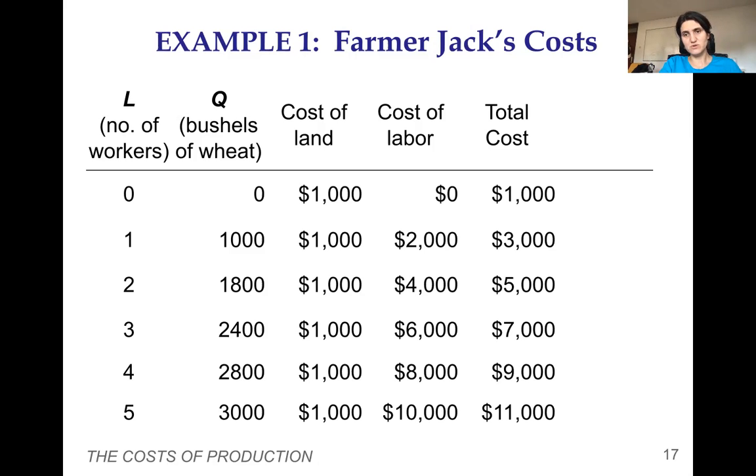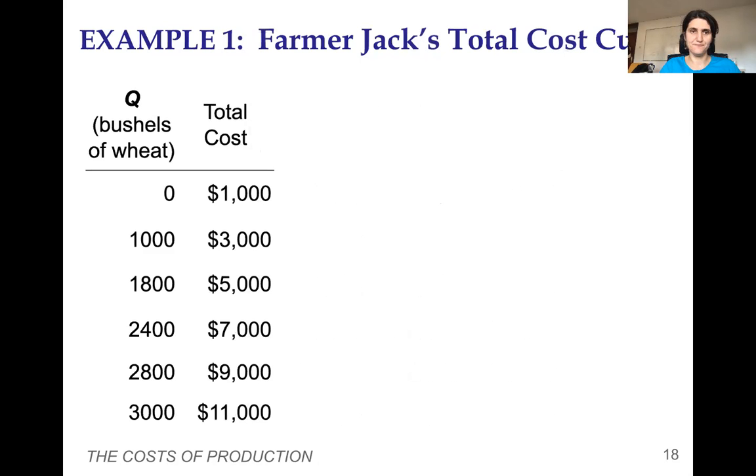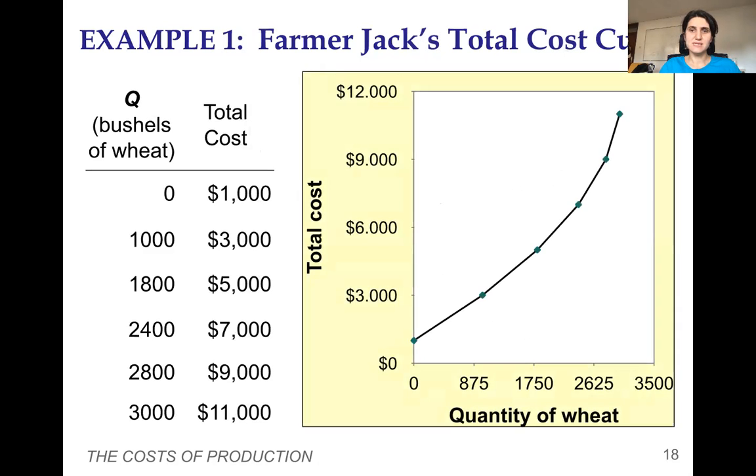If you have two workers, total cost will be 5,000, etc. Let's draw the total cost in here. It starts with no one working, so no wheat is produced, but Farmer Jack still has cost 1,000 because of the fixed cost of land. And it increases as he has more labor.